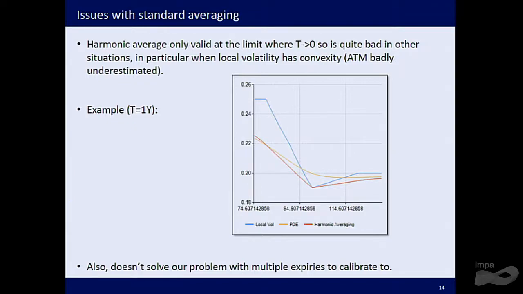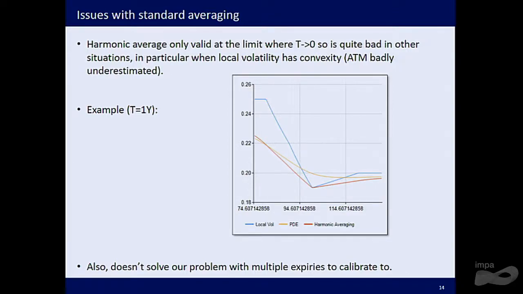But you could say, well, let's use that as a proxy. I give myself some local vol, and as a proxy, I'm just going to average them harmonically and then use that. As an example, if we give ourselves a local vol in the blue curve here, and we compute some implied vol, here we just take one expiry. The true target, which is running an exact PDE, would be the yellow curve.